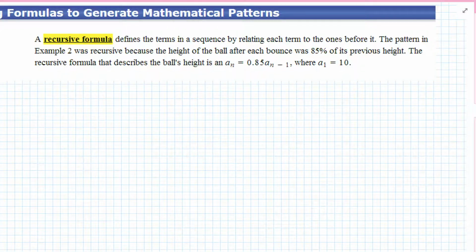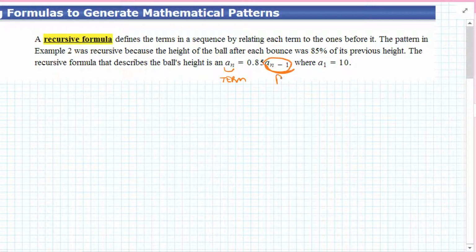So let's just make sure we're clear on this. a n is just a term. And a n minus 1 is just the previous term. Okay? Make sure you understand that. a n is a term. a n minus 1 is the previous term.